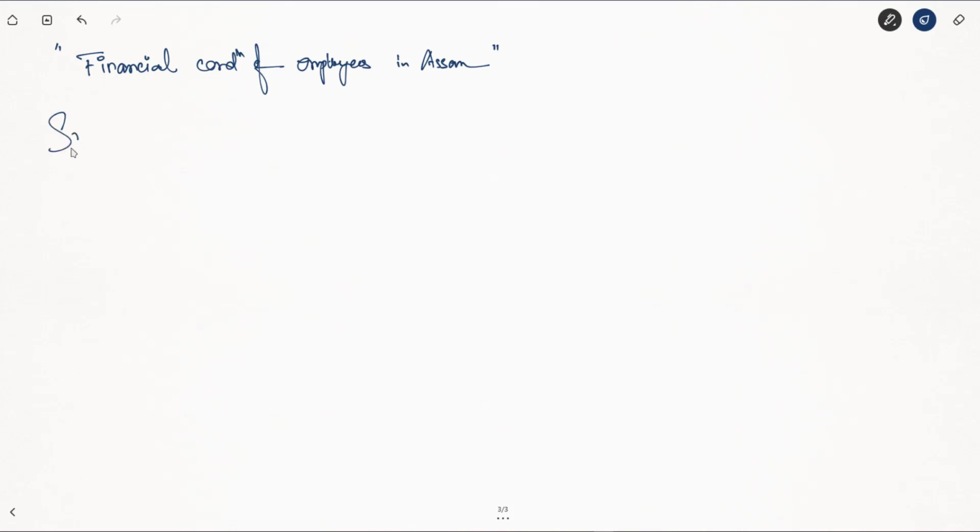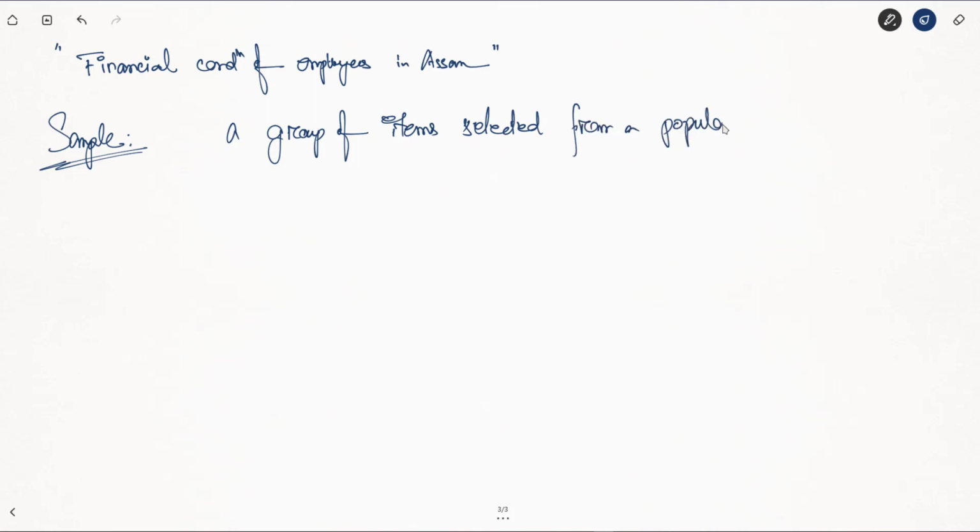Then comes the definition of sample. So sample is nothing but a group of items selected from a population, right?